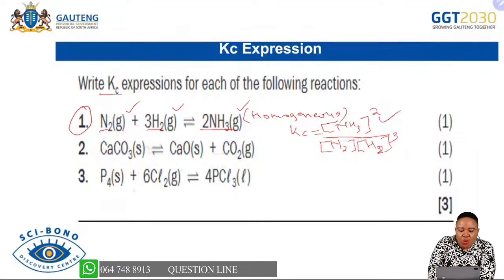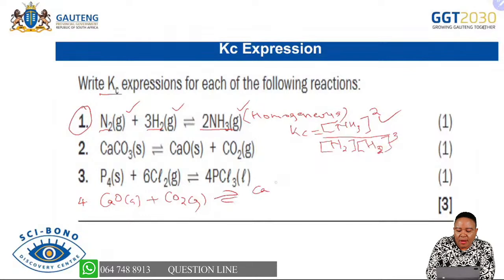But if we decide to make this a reverse and maybe make number 4 calcium oxide, which is our solid, reacting with carbon dioxide, which is our gas, and then to give us calcium carbonate, which is our solid. Then in this case, because our calcium carbonate is a solid, we definitely need to represent it.